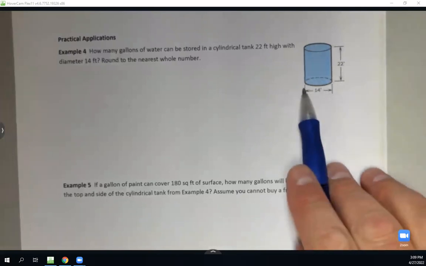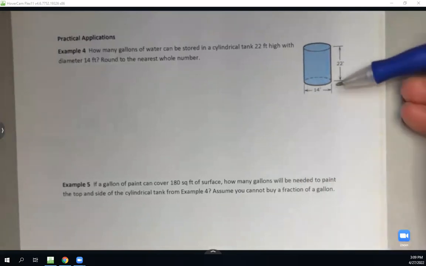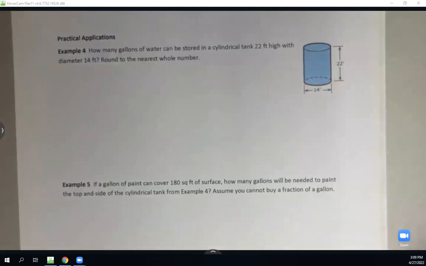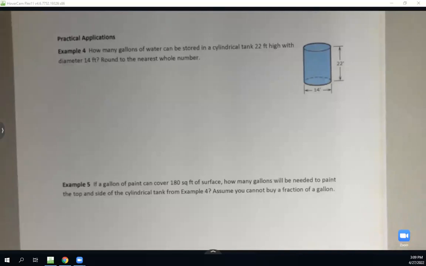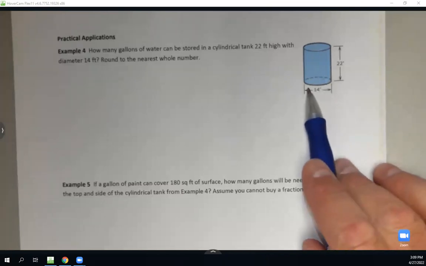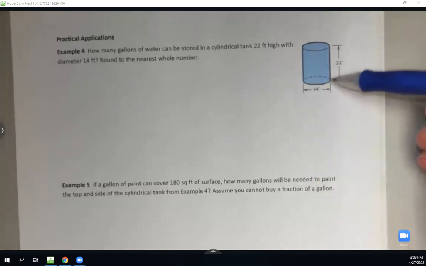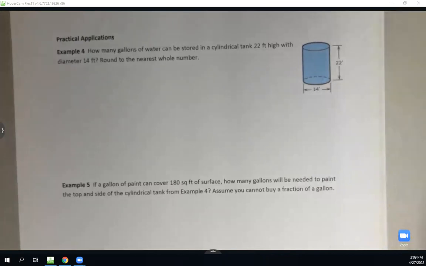So we got a 14-foot diameter, it's 22 feet high. How much water can that tank hold? Okay, so really, what am I doing here? I need to find the volume, and then once I know the volume, I can convert that to gallons. Now, in this particular case, my diameter and my height are both given in terms of feet.